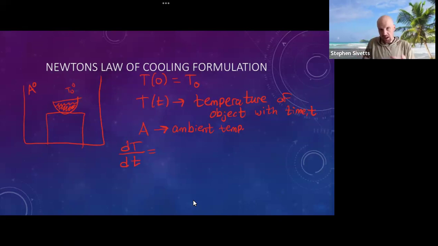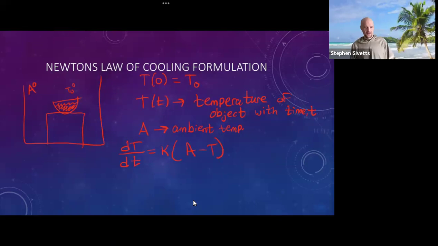The rate of change of the temperature of the bowl will be directly proportional to the difference of the ambient temperature and the current temperature of the bowl of soup. So we're going to have a constant of proportionality k times A minus T.